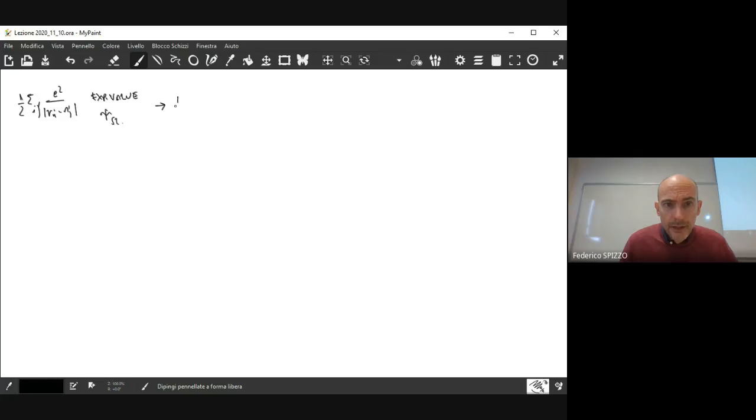So what we have here is 1/2 sum over m and k of phi m of r, phi k of r prime. Then let's introduce the actual expression of the operator, that is e squared divided by r minus r prime.